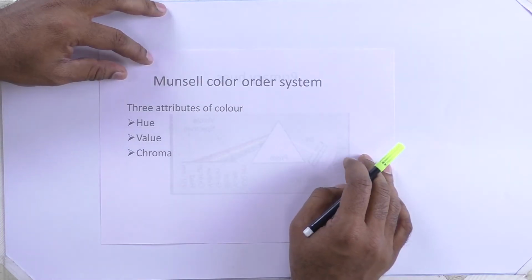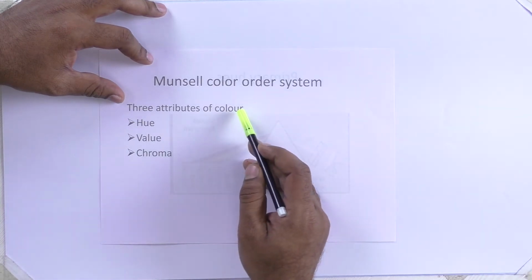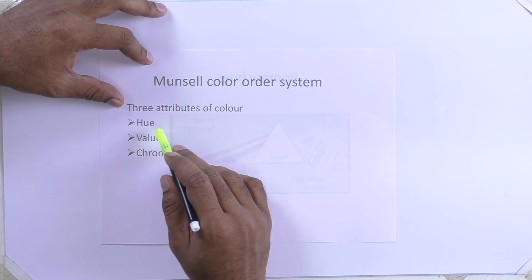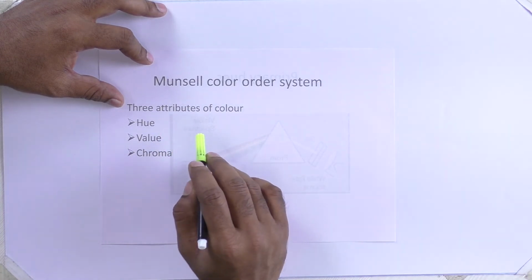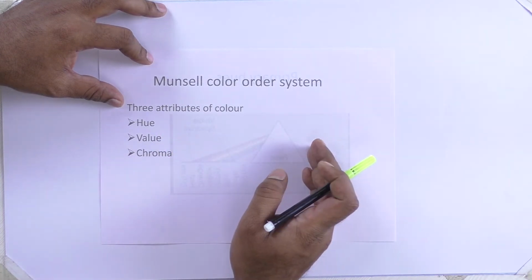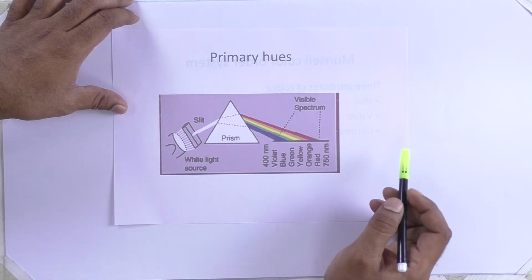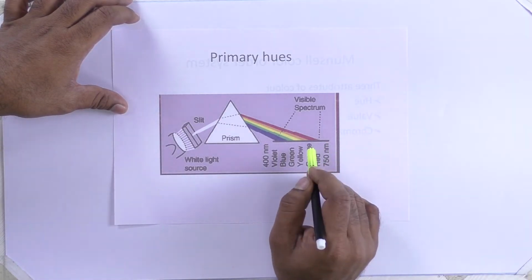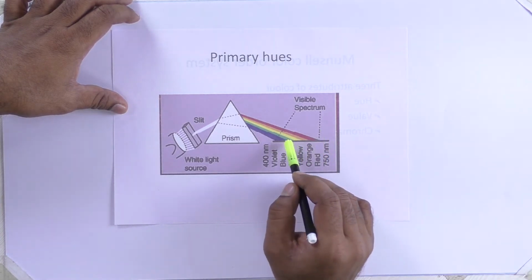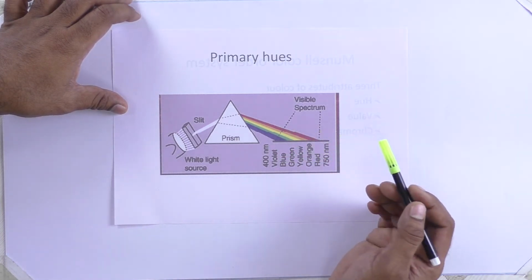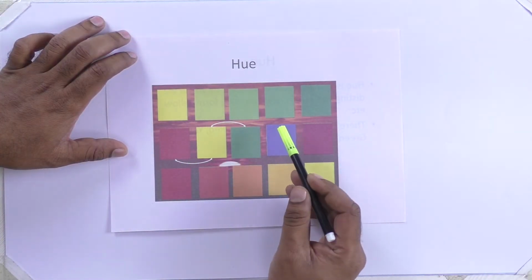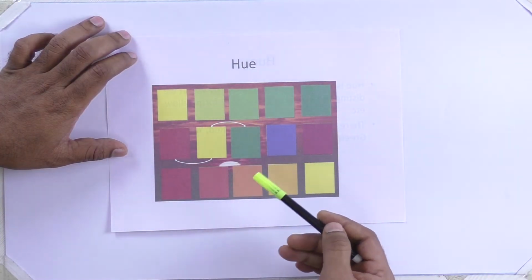In the Munsell color order system, there are three attributes: hue, value, and chroma. These three attributes are used as primary parameters for defining the color. Hue is nothing but color. Blue, yellow, red are some examples of hue: yellow, green, blue, red.